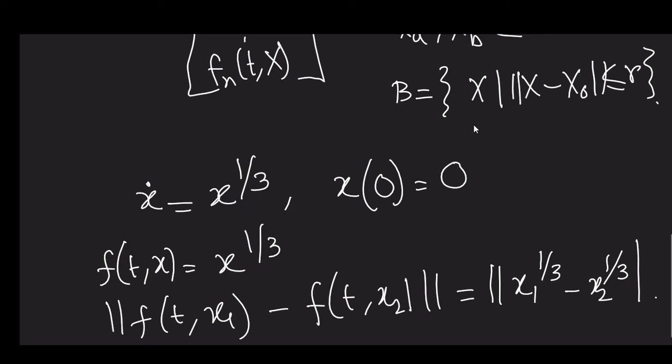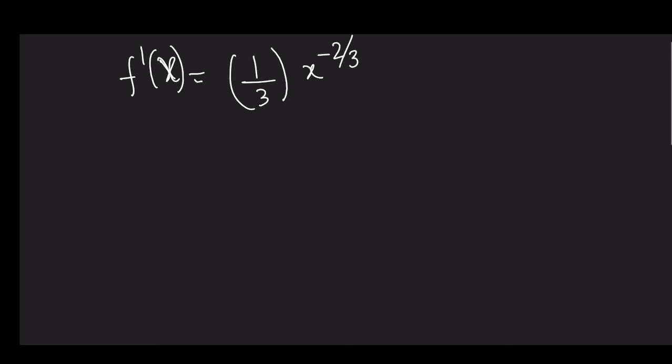Now at this juncture it is difficult for you at x is equal to 0. Or in another way you can also show that it is not Lipschitz. Like you can carry out the value of f dash x. So f dash x will become 1 by 3 x to the power of minus 2 by 3.